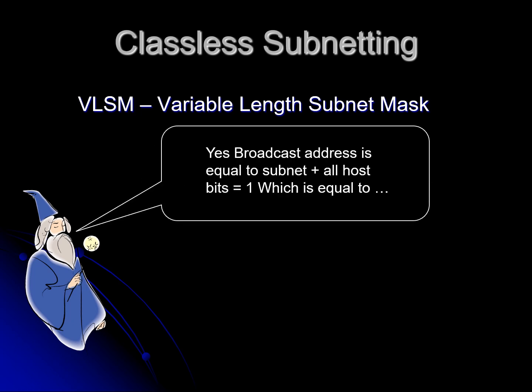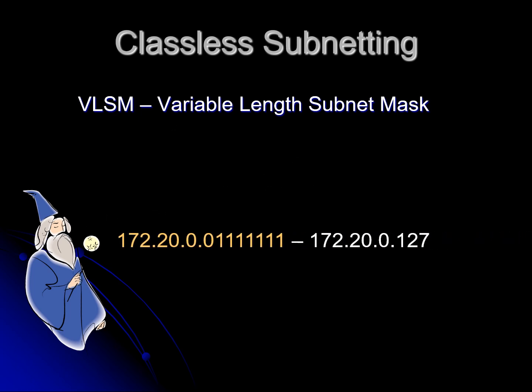The broadcast address is equal to the subnet plus all host bits equal to 1. It'll look something like this in binary, and in decimal, it'll be 172.20.0.127.